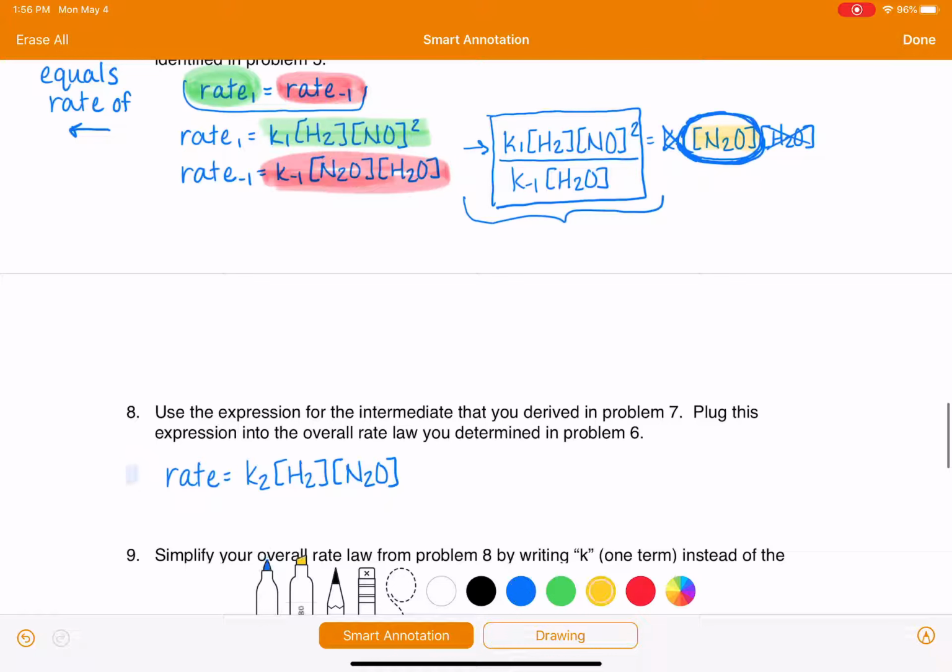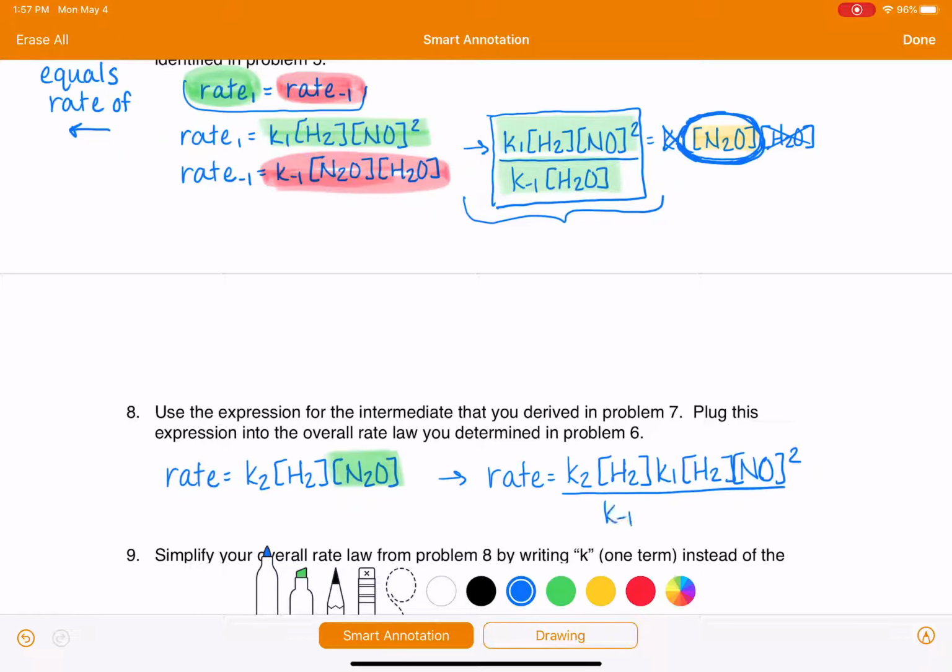Now we are going to plug this term for N2O into this part of the equation. So we are going to get rate equals K2, H2, K1, H2, NO, oh, I forgot my bracket, NO squared over K negative 1 H2O.